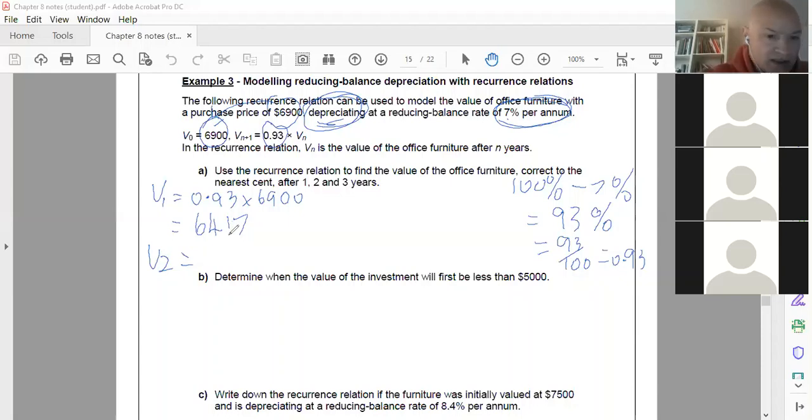So let me just write these in, 5,967.81, and then V of 3 equals 5,550.06. Any questions how I got those?